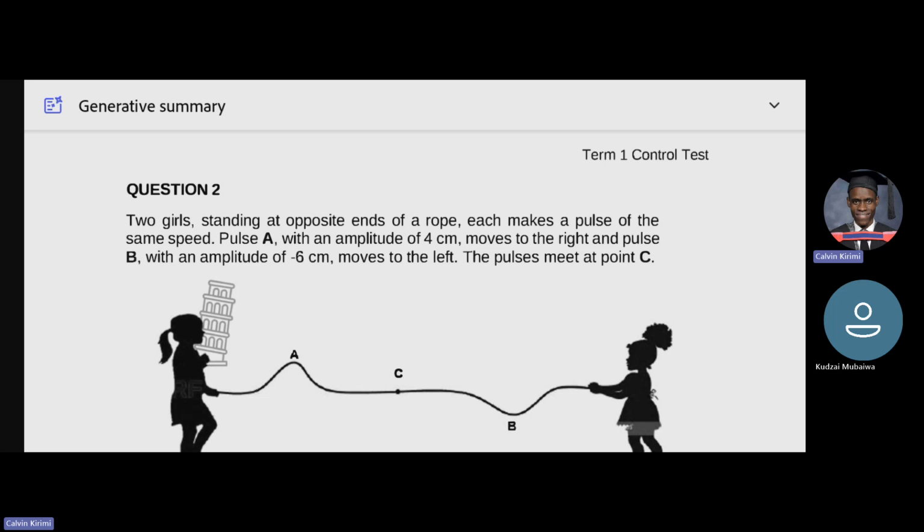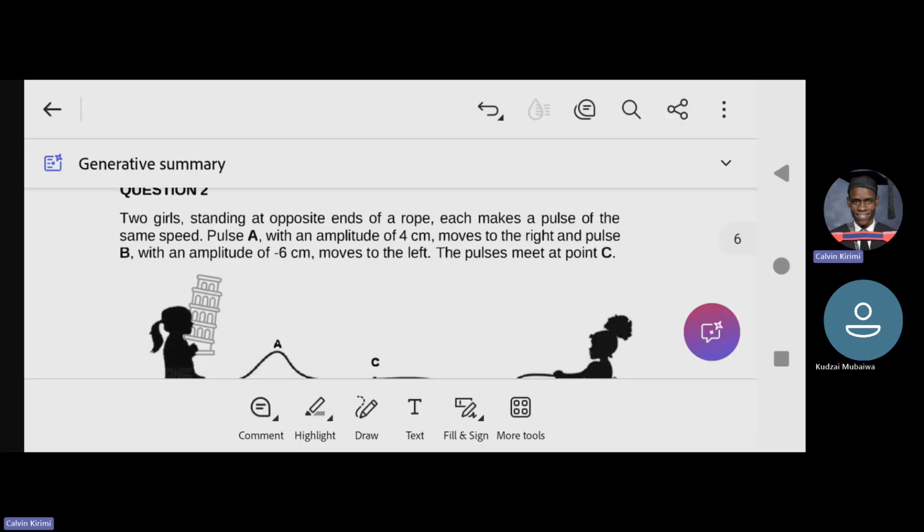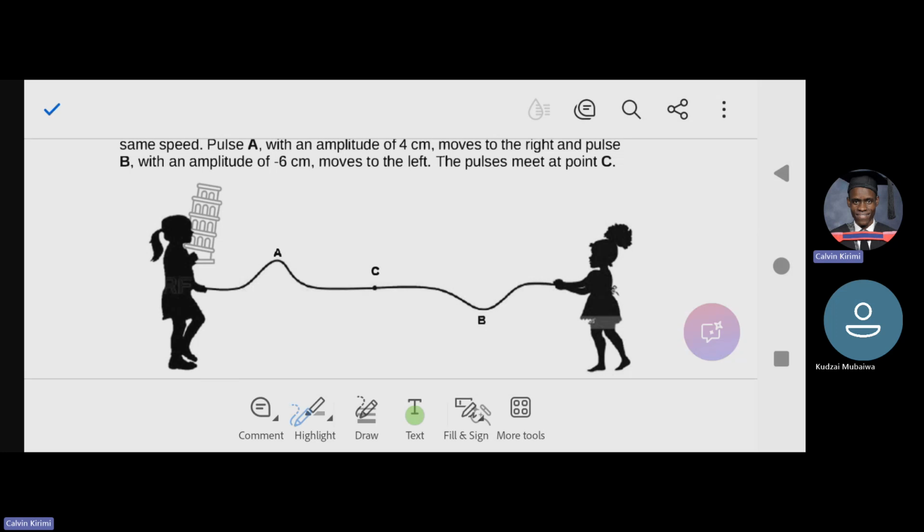Pulse A with an amplitude of 4 centimeters moves to the right, and pulse B with a negative amplitude, which means negative underneath, moves to the left. The pulses meet at C, just like the one which we are calculating.